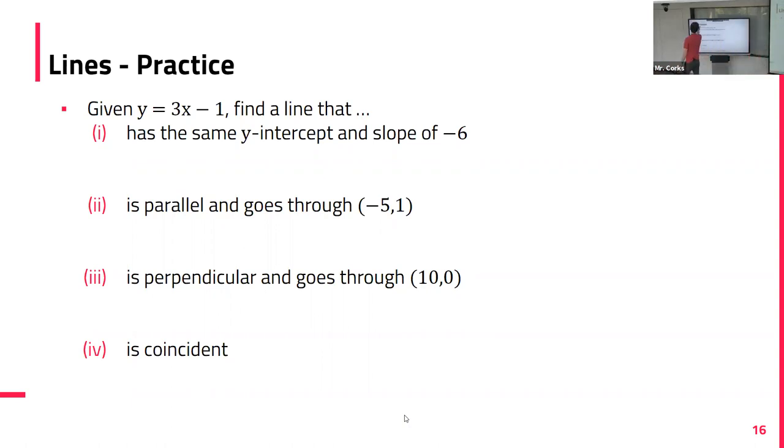Everything relative to this original line. The 4 questions are independent.